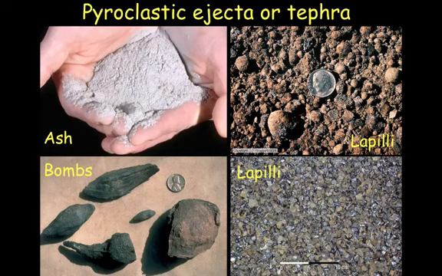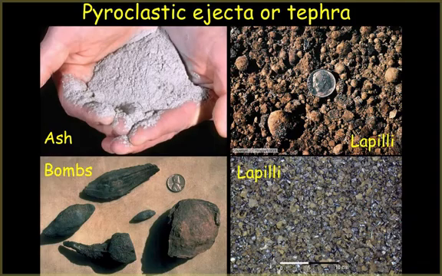The pyroclastic ejecta, or the tephra that I mentioned, include the finest particles, which are the ash. That's followed by lapilli, these pea-size pieces of ejecta. Or if it's larger pieces, this is also lapilli down here, this gravelly look to that lapilli deposit.